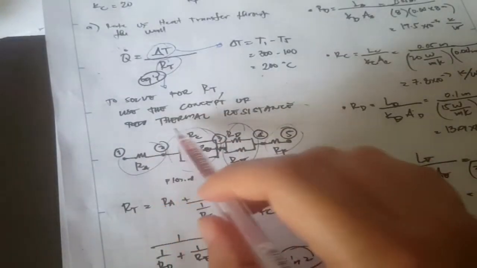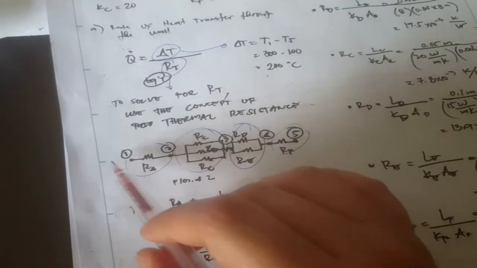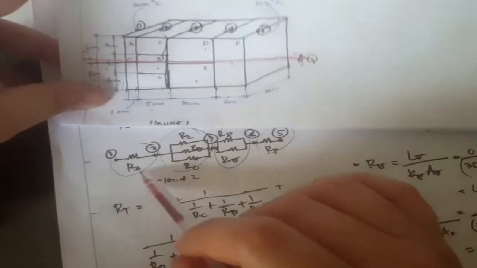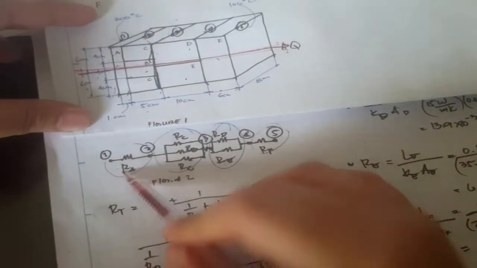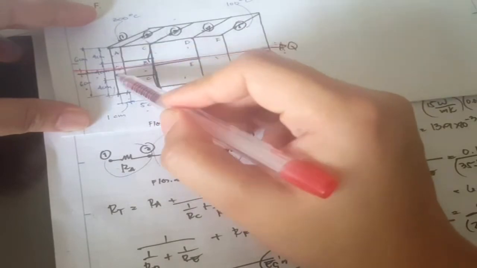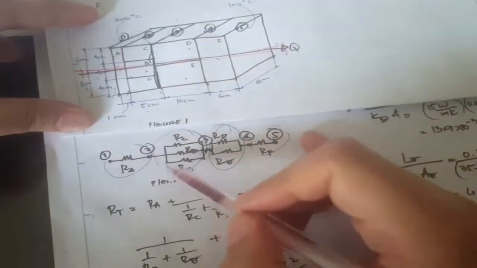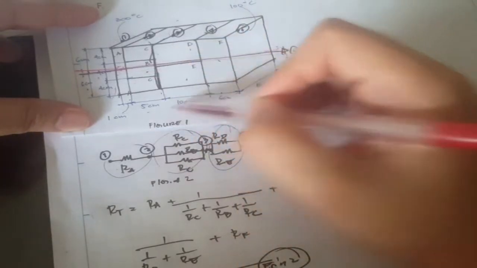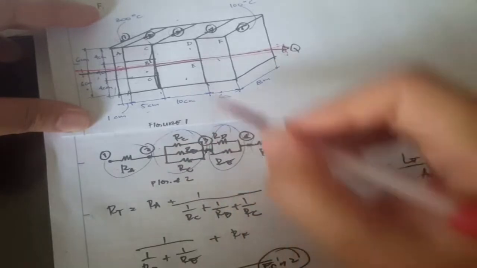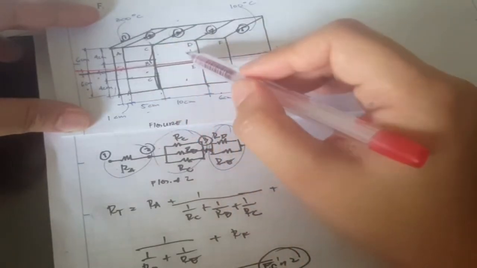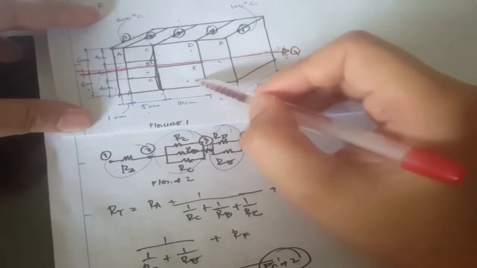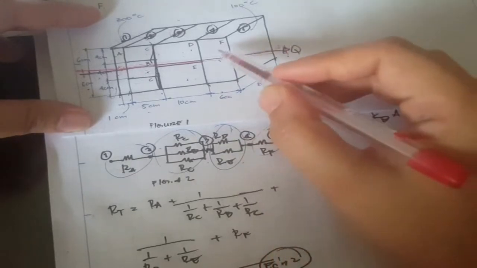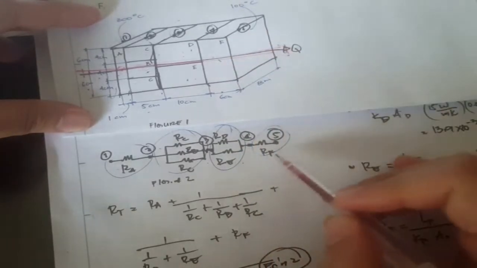Using the concept of thermal resistance, we created another figure showing these resistances. We have this RA, the resistance of A, which is connected to the parallel walls B and C. These walls are connected to D and E, so we have this thermal resistance represented like this, and finally this single material F here.